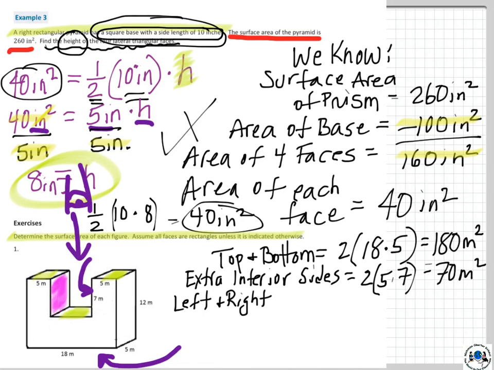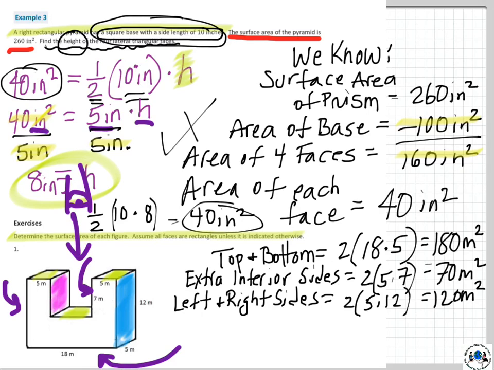All right, and then we have the left and right sides, which are easy enough. It's that one and the one over there. Of course, with these two-dimensional depictions of three-dimensional figures, there's always one side in the pair that you can't see, and that's 2 times 5 times 12, and that equals 120 meters squared.